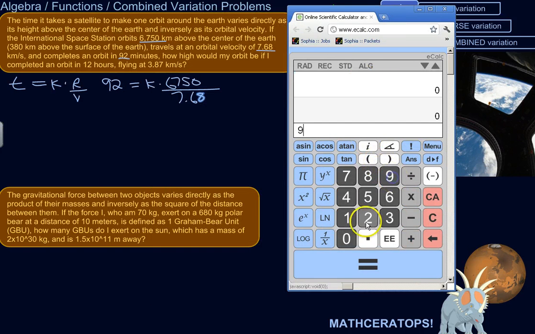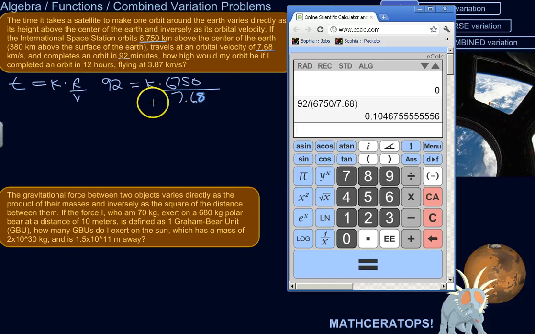So we'll do 92 divided by 6,750 over 7.68. So we'll do that division, and then we'll divide it away so that k is by itself. Divide both sides by that number, and this is what we'll get. So k is 0.104675555 repeating.